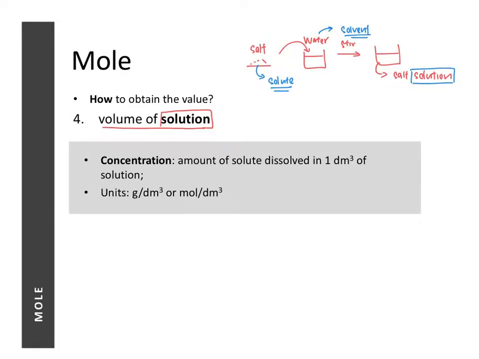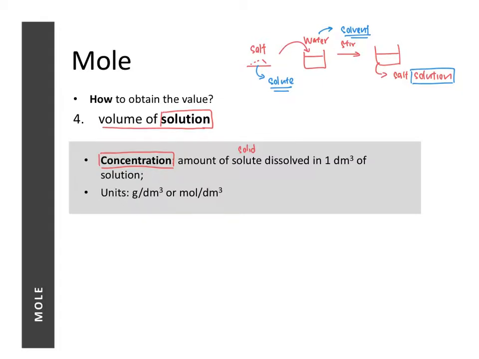Okay, so in order to perform calculations for volumes of solution, we need to know something called concentration. Concentration is the amount of solute, meaning the solid, dissolved in 1 dm cube of the solution. So for example, if I have a salt solution, the concentration is the amount of sodium chloride that's dissolved in 1 dm cube of the solution.